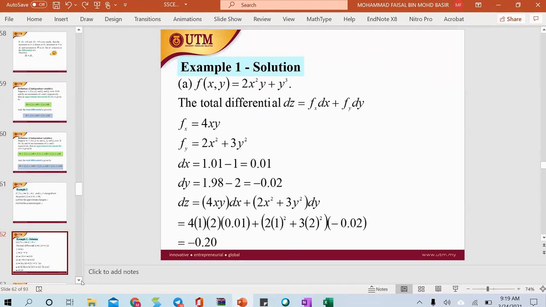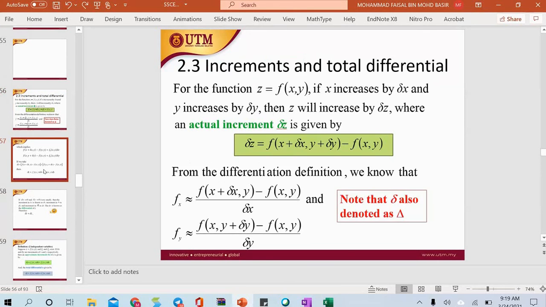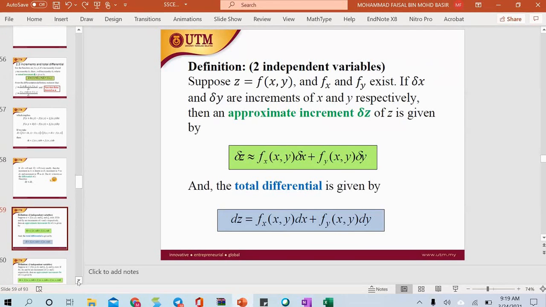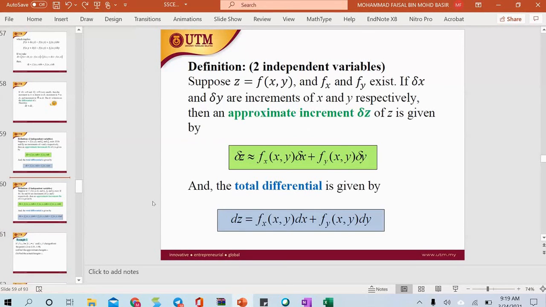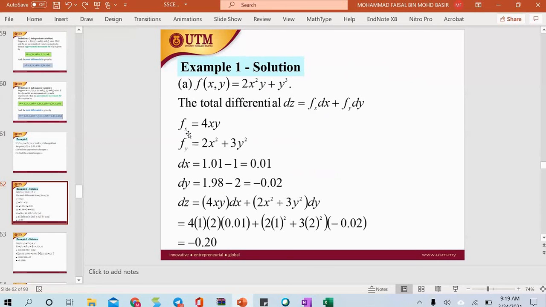So what you can do is just apply the formula. This is for actual change, because the question asks you to do the approximate change and actual change. So when you have the approximate change, you have to find fx, fy, dx, dy.